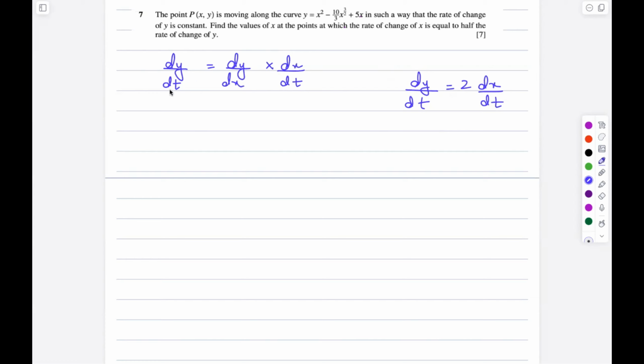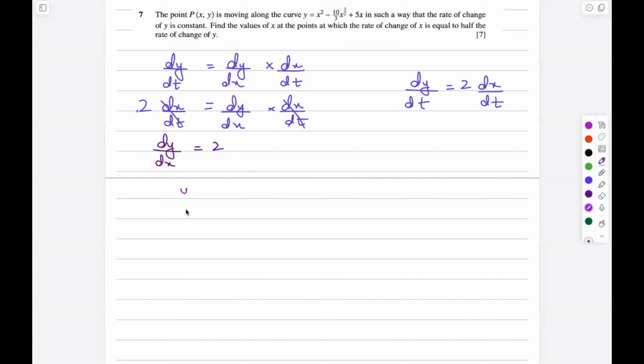So in place of dy by dt, we can write 2 into dx by dt equals dy by dx multiplied by dx by dt. Now dx by dt will cancel out, so dy by dx will be equal to 2. So now we can find an expression for dy by dx and put it equal to 2.